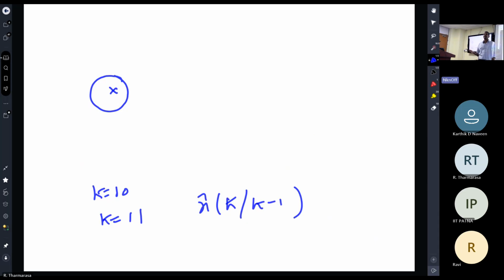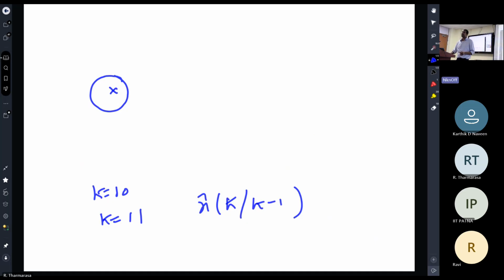Where is the predicted track? Pardon? Okay, inside that circle? Inside the circle where? You understand the question? This is the position at time K equal 10. So now at K equal 11, I want to do the prediction.